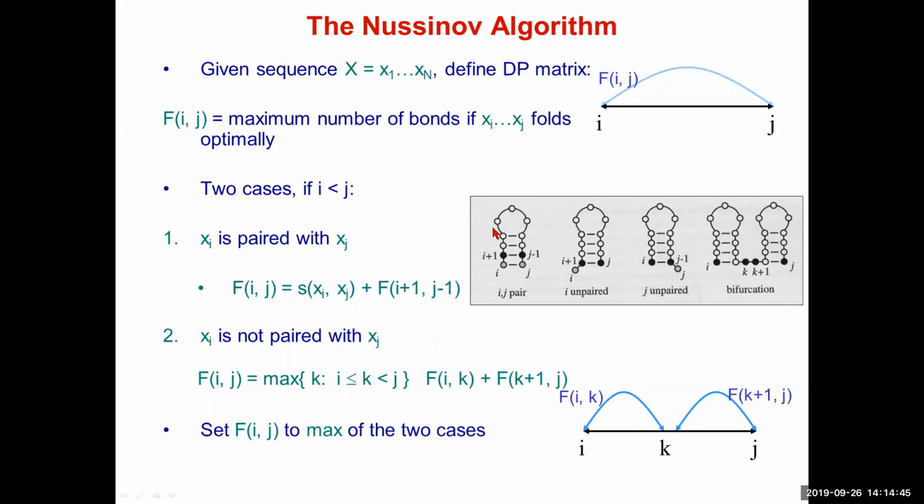So I'm extending the loop on both sides, or I'm extending only one side with non-pairing on the other side, or I'm extending the other side with non-pairing here, or I'm including a whole other one of these bifurcation events that I mentioned earlier, okay?